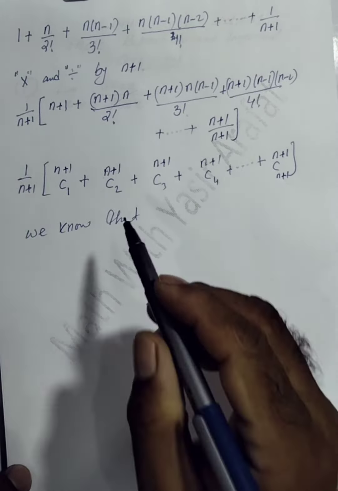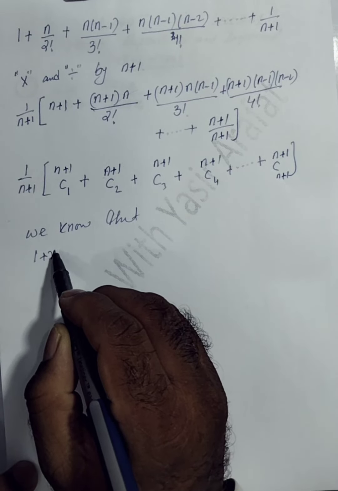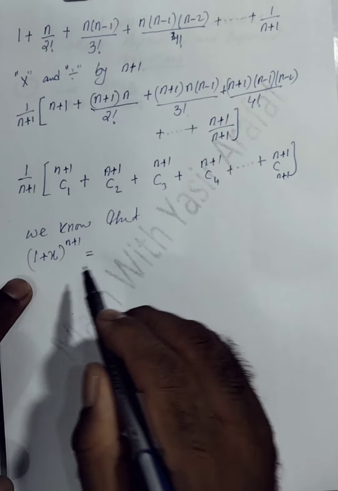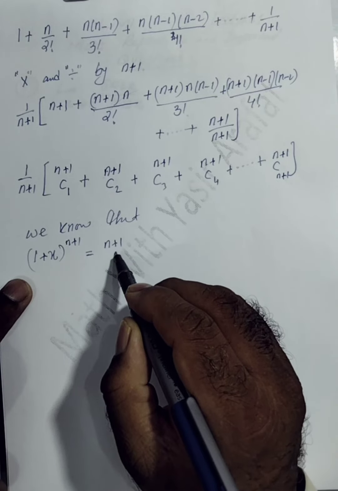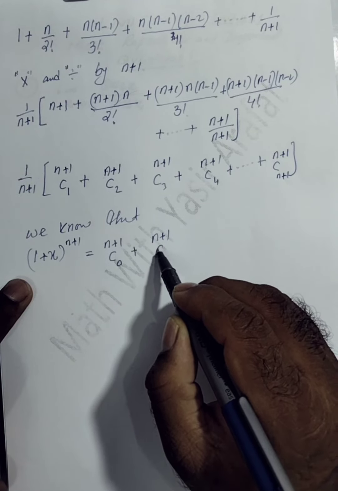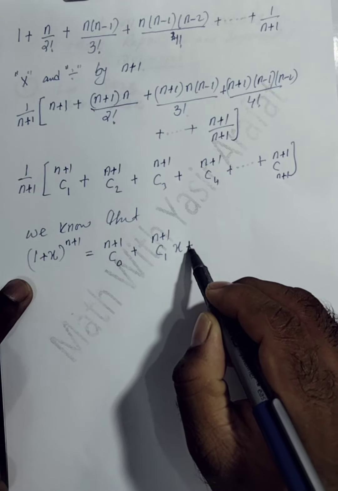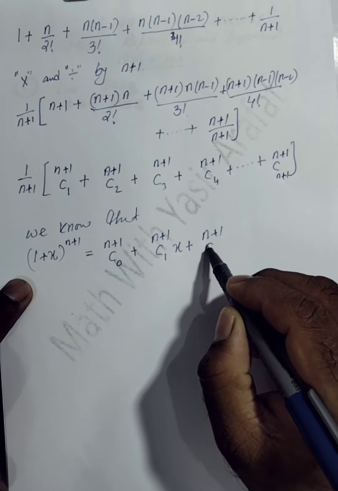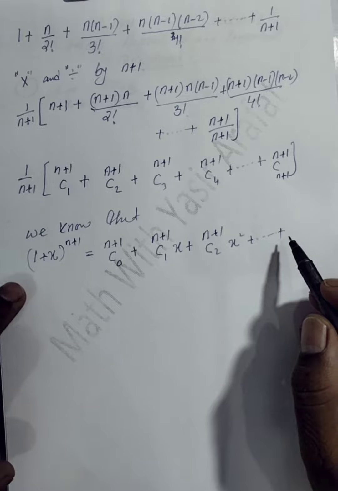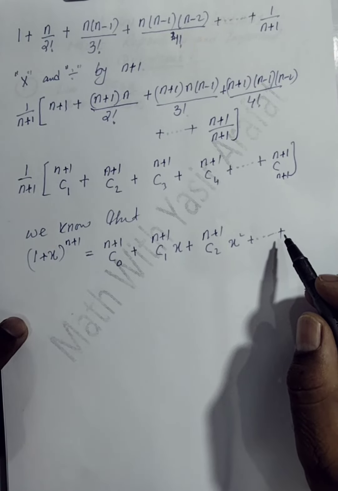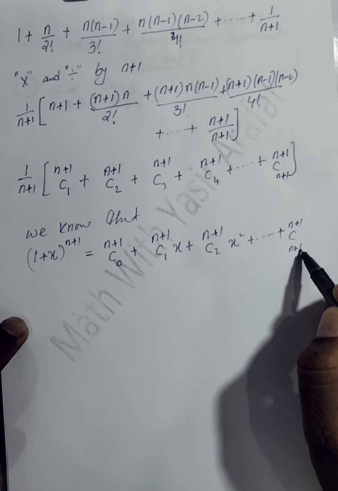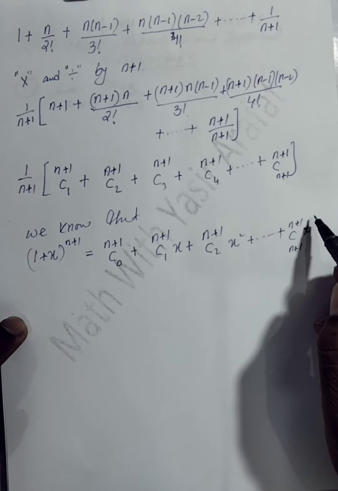We know that 1 plus x power n plus 1 is equal to n plus 1 combination 0 plus n plus 1 combination 1 into x, n plus 1 combination 2 x square, and so on, up to n plus 1 combination n plus 1 x power n plus 1.